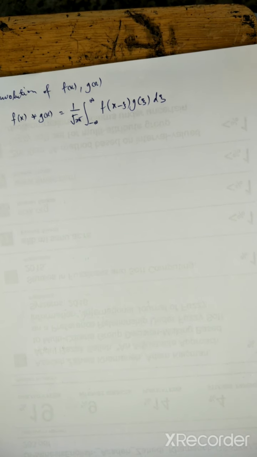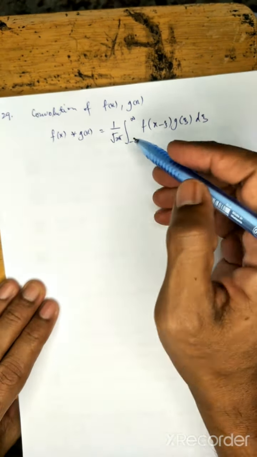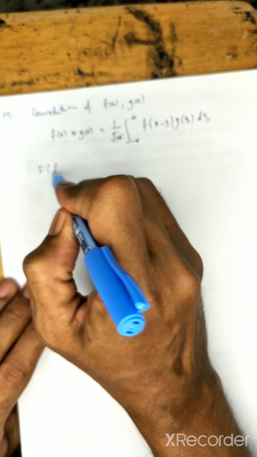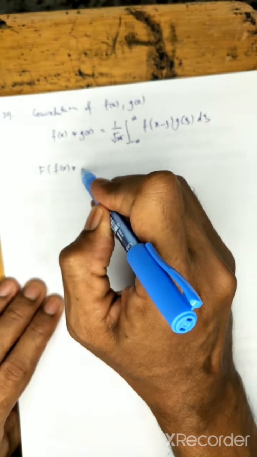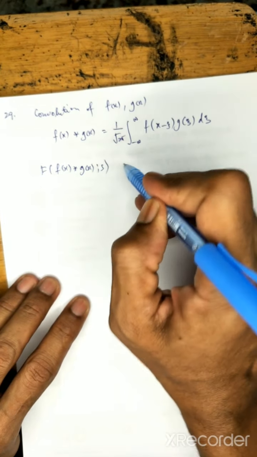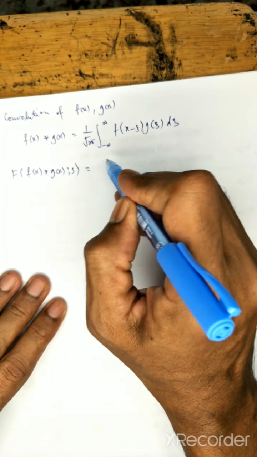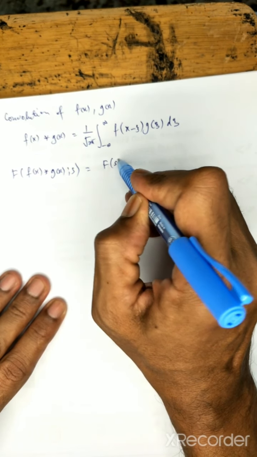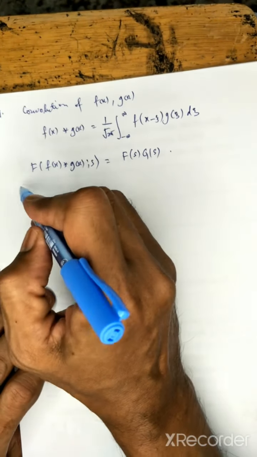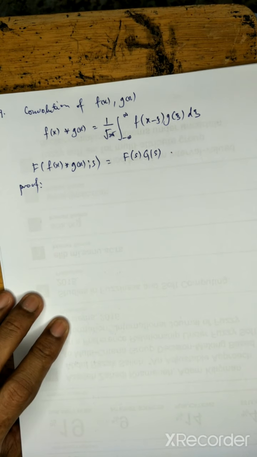So we have the Fourier transform of the convolution of f and g. By definition, this is given as F(s) G(s). We're going to prove that.